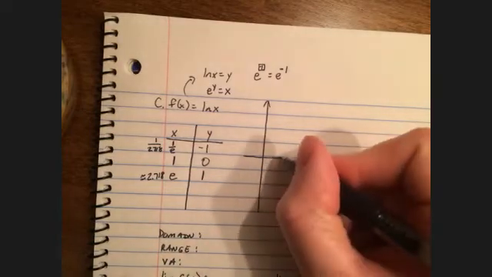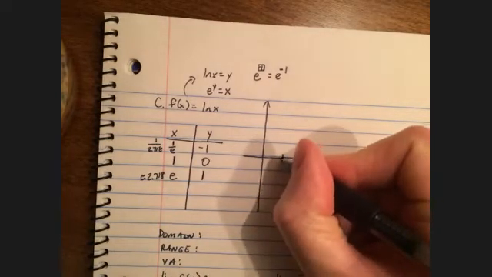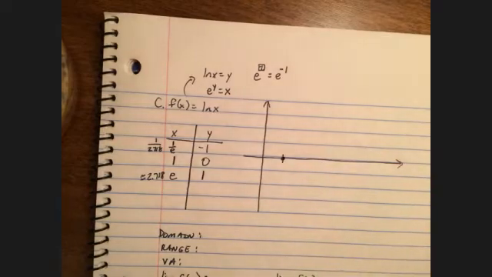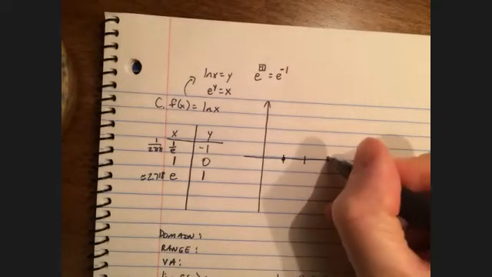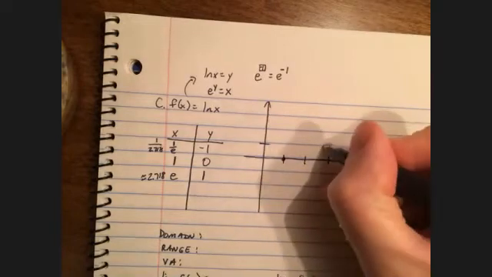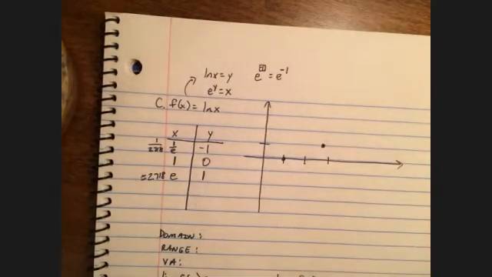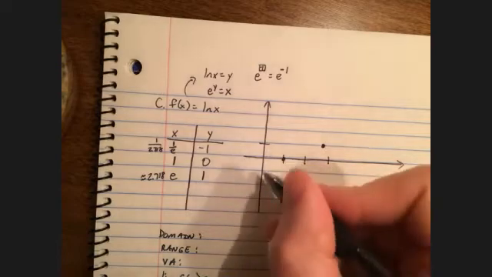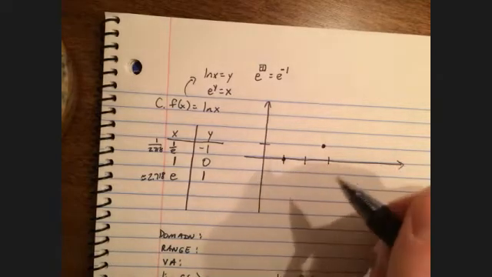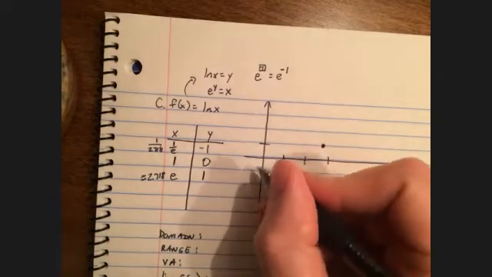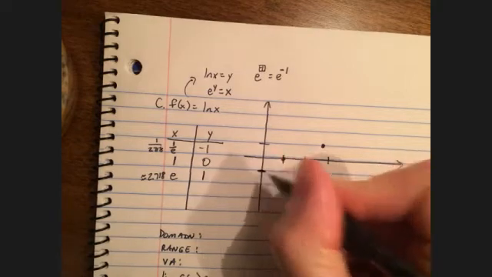So just plotting our points here, we know that we had the point 1, 0 is a point, and then e to the 1, so 2.718 to the right, up 1 unit, and then 1 over e, which remember is between 1/3 and 1/2. So for this particular one, we're going to go down to -1.